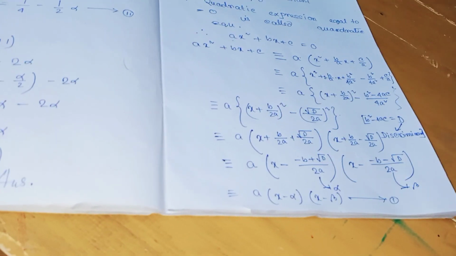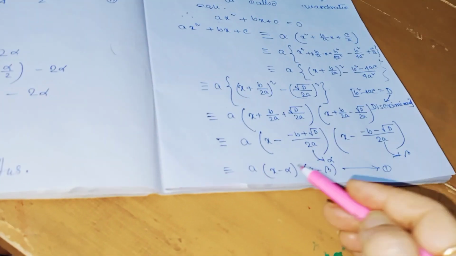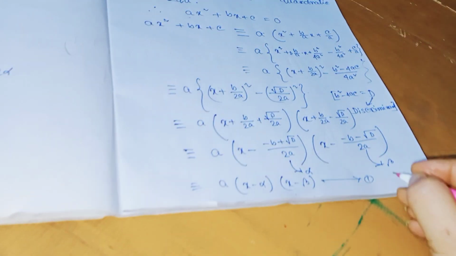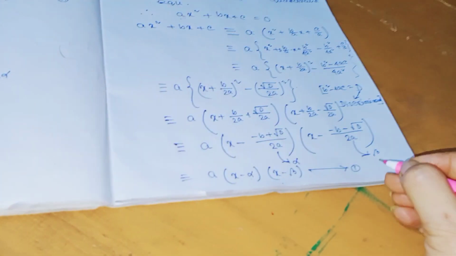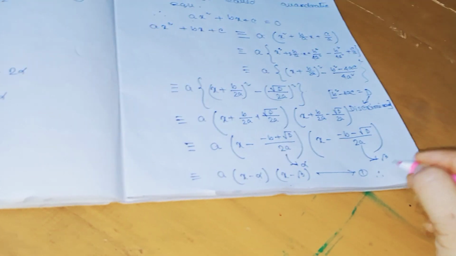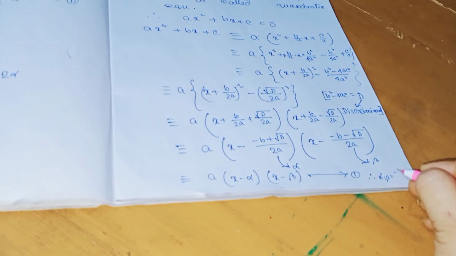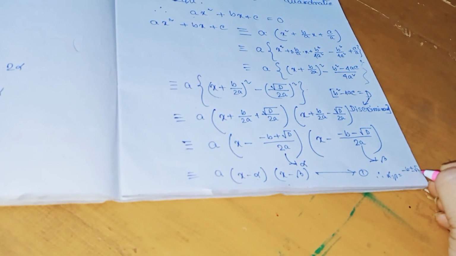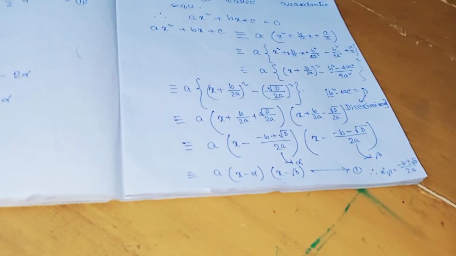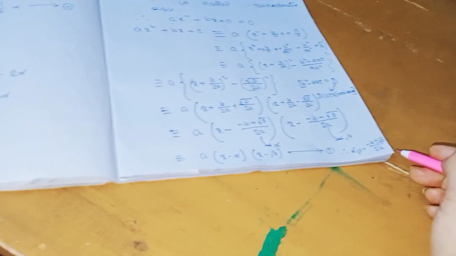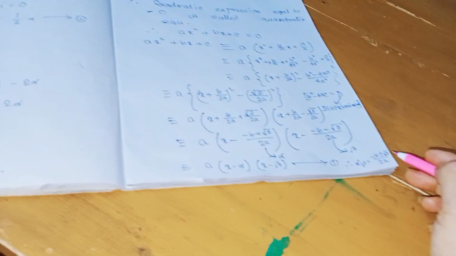We changed the form so that we get the roots of this quadratic equation as alpha and beta, and we know that D is the discriminant. Therefore alpha comma beta is equal to minus b plus minus root of D divided by 2a. In combination we may say alpha beta is equal to minus b plus minus root of D divided by 2a.